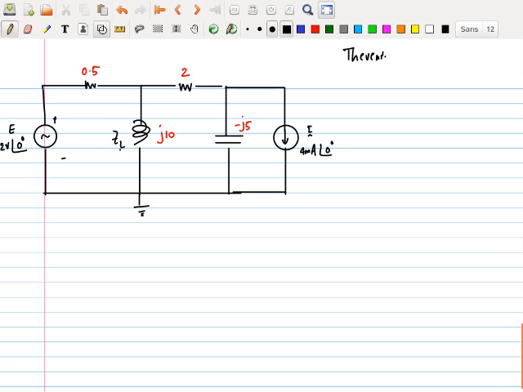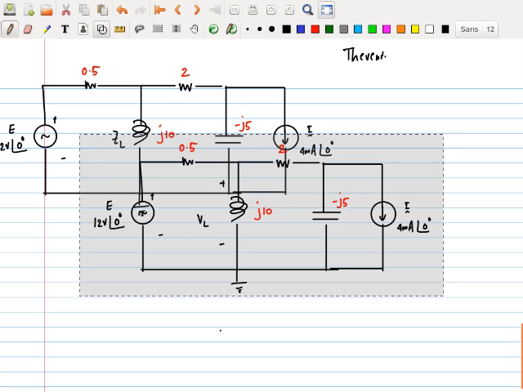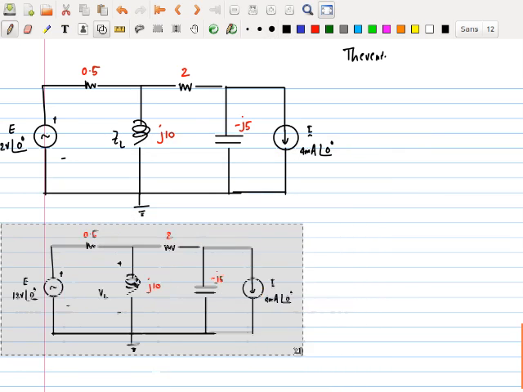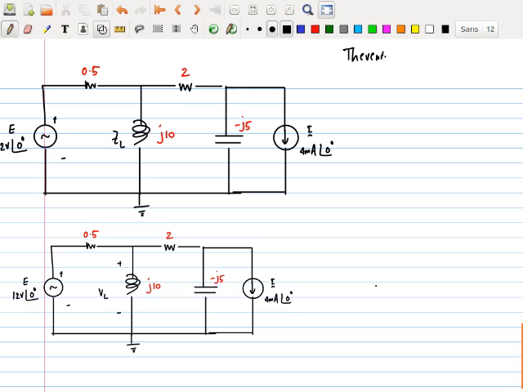I want to just show you how I can apply that to find the Thevenin equivalent circuit. How do I do that? Again, I would redraw the circuit.